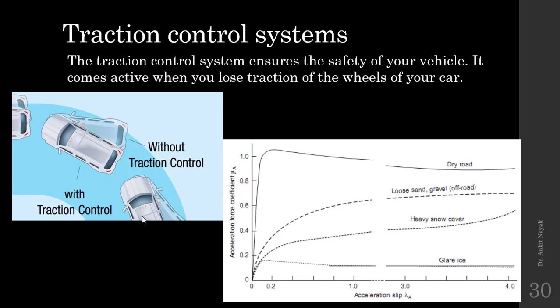By measuring that velocity, it will correlate it with the wheel RPM, and if the wheel is revolving at a higher RPM, then it will apply some brake on that particular wheel so that the RPM or the peripheral velocity of that wheel will get reduced. This is used to avoid slippery motion of the wheel on the ground, like if you are driving your car on a slippery surface, like a road having some ice or water or heavy snow cover and other things.